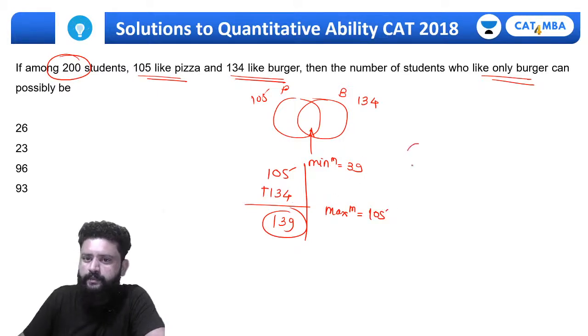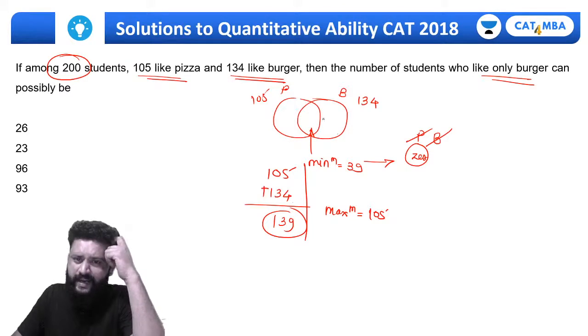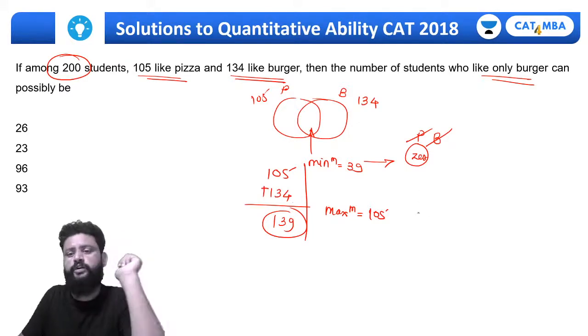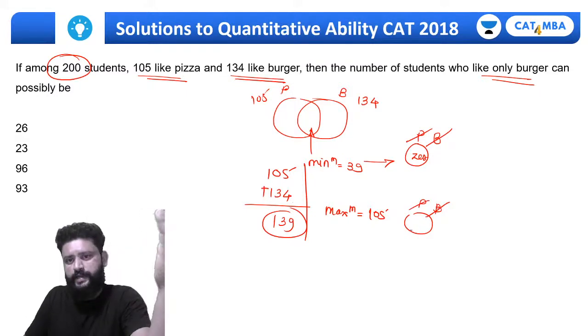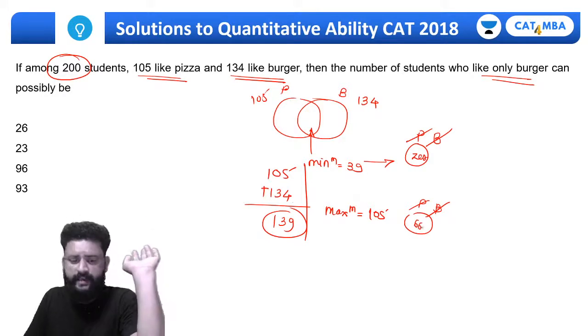If this is minimum, the students who do not like pizza and burger, this will be 0. If this is 39, in this case, and in this case, if this is 105, this will be 134. The students who like neither pizza nor burger, this will be 200 minus 134, that comes out to be 66. तो ये ज़्यादा बढ़ते जाएगा.